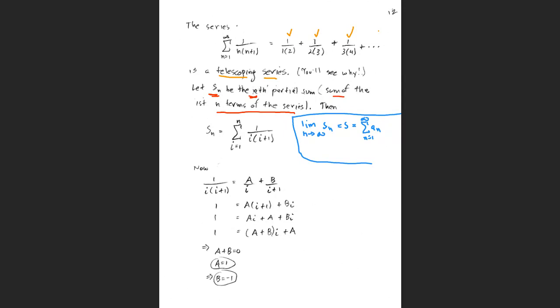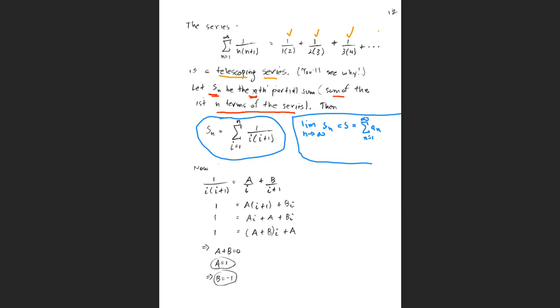That goes with definition 2 in the textbook. So we're going to define the nth partial sum to be the sum of the first n terms of the series, so i starts at 1 and ends at n.